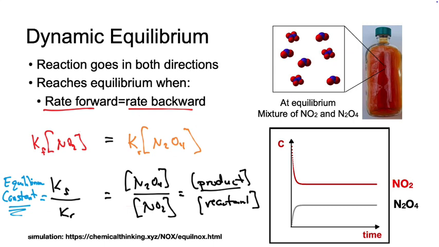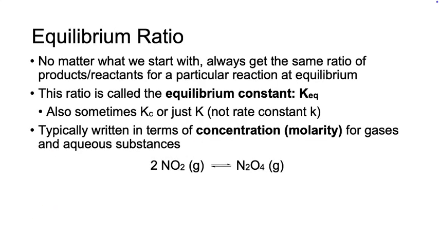Okay, that's interesting. What this is going to create is this equilibrium ratio. The constant that comes out of this for an individual chemical reaction, the balance of products to reactants at equilibrium, will always be the same thing.